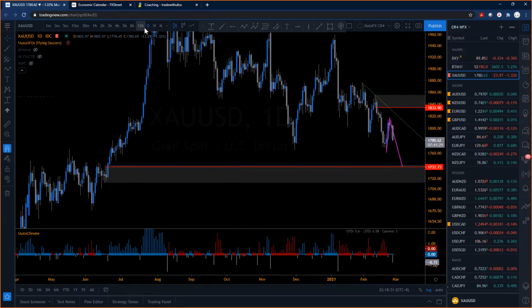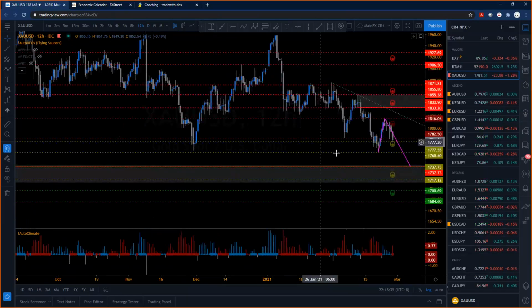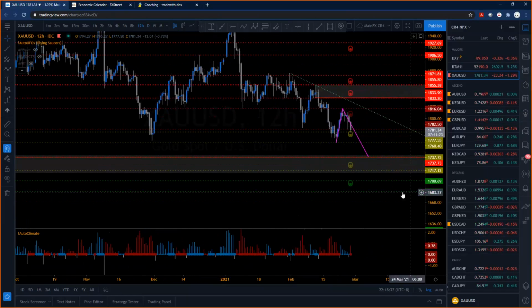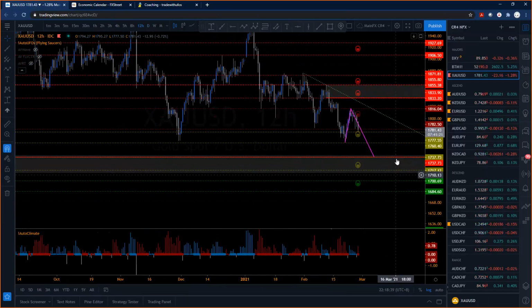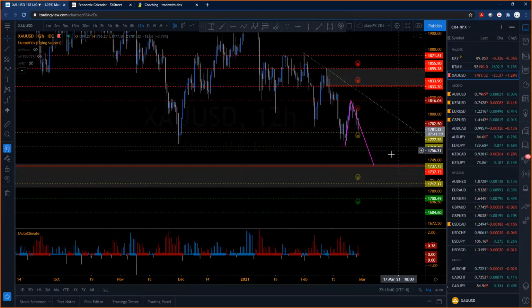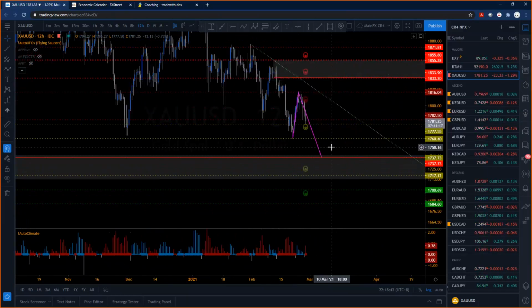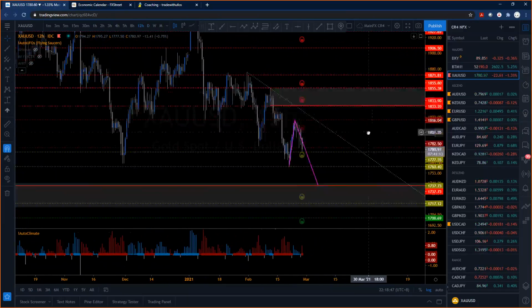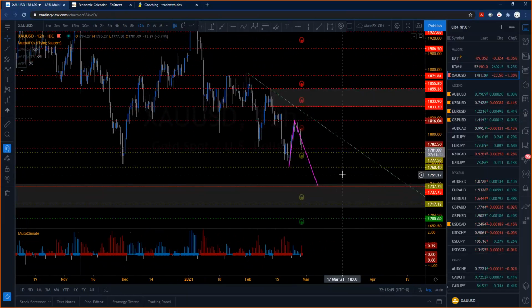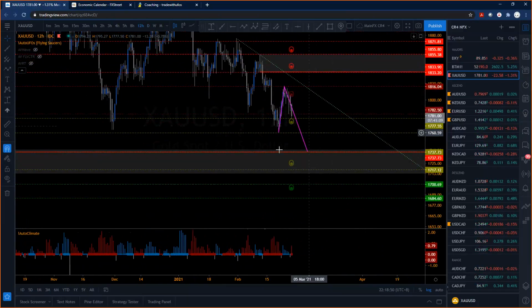Let me just try on a lower time frame there. Okay, and there we go. This is what we see with the UFOs. It's showing us some red UFOs, and some green or olive UFOs.